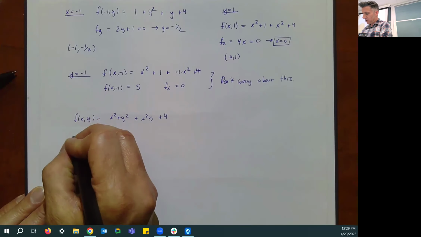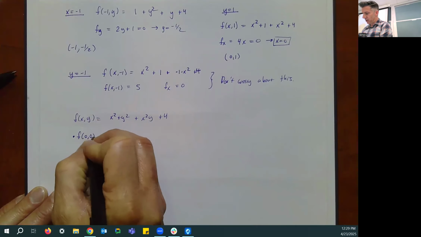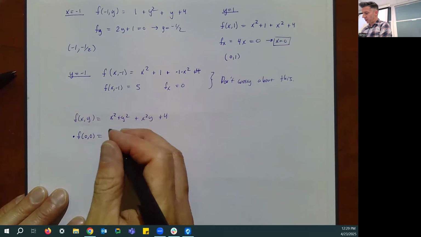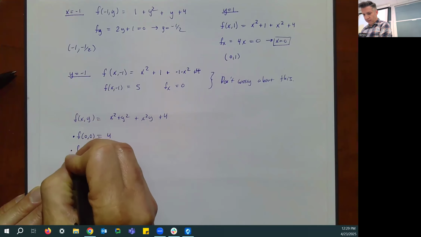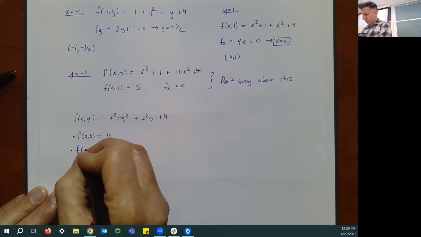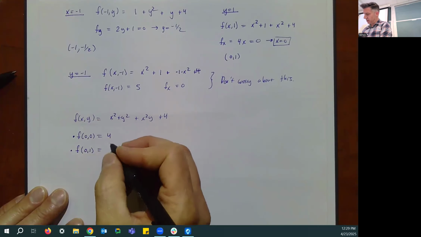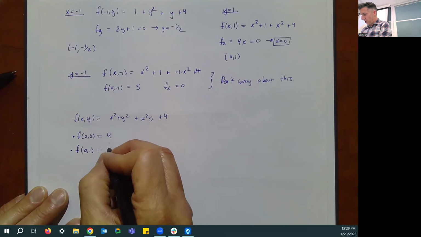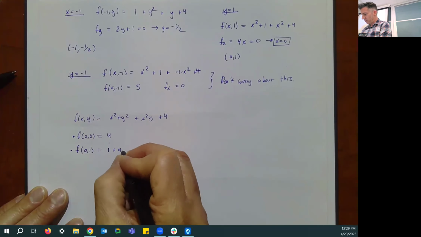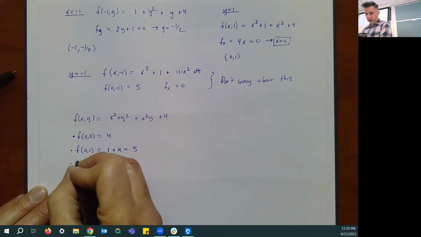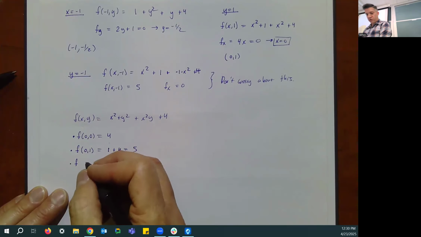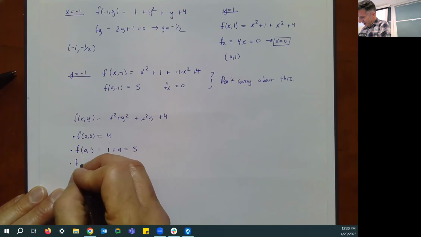So f of 0 comma 0 is 0 plus 0 plus 0 plus 4. F of 0 comma 1 is 0 plus 1 plus 0 plus 4. Sure, there's lots of points here. F of -1 comma 1/2 is going to be a little bit dicier.